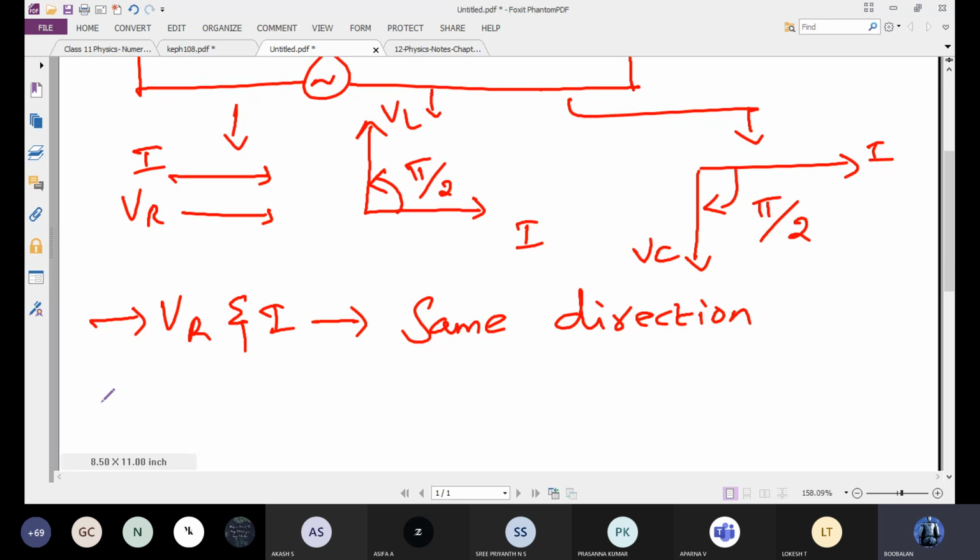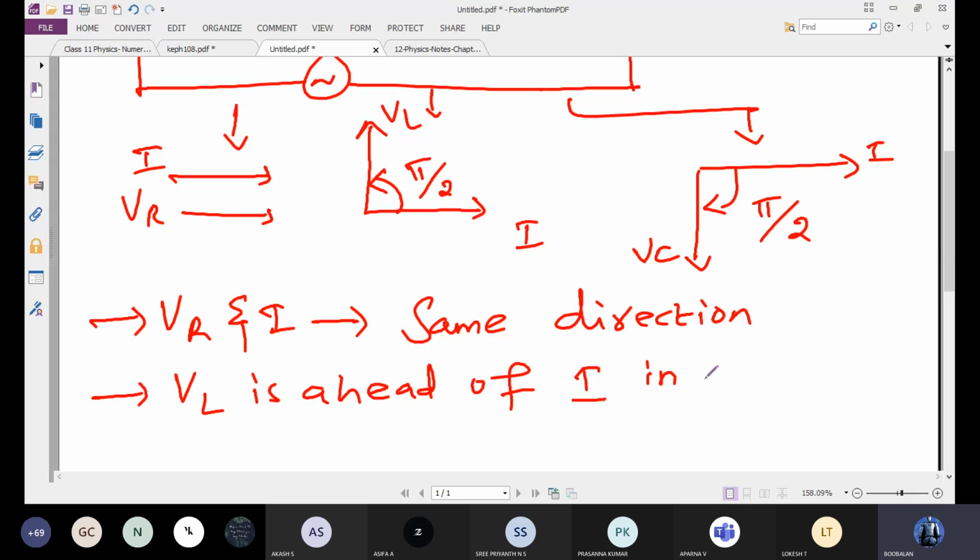Next one, the L value: VL leads the current by pi by 2.